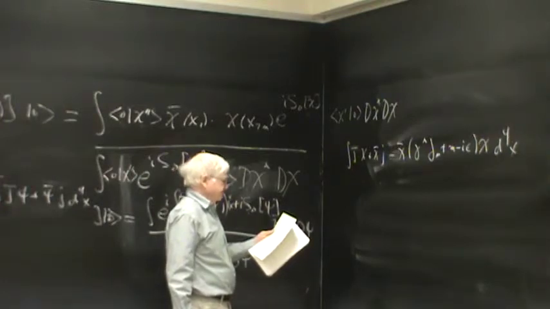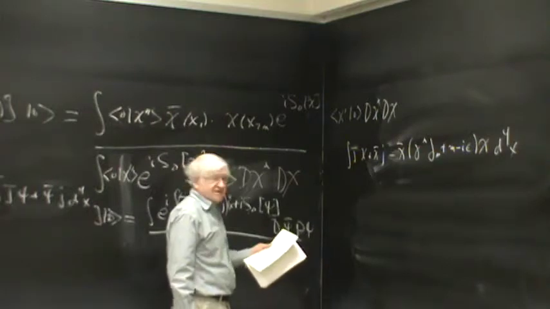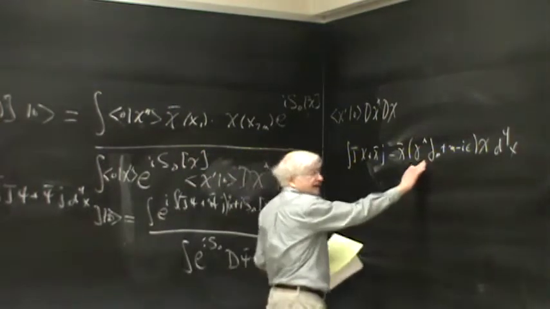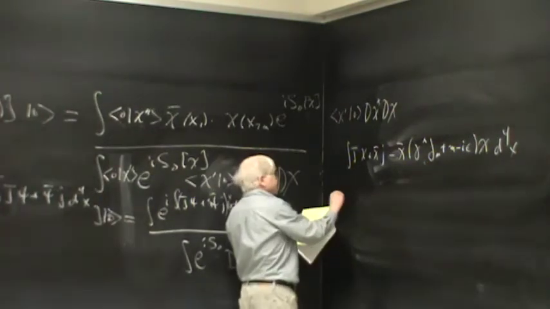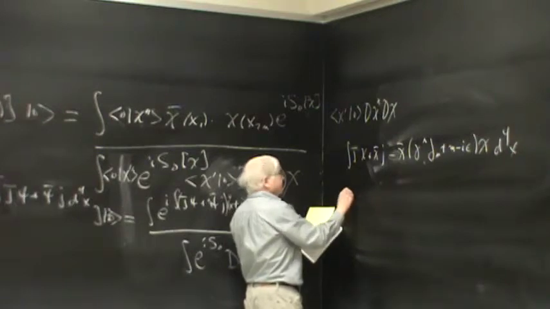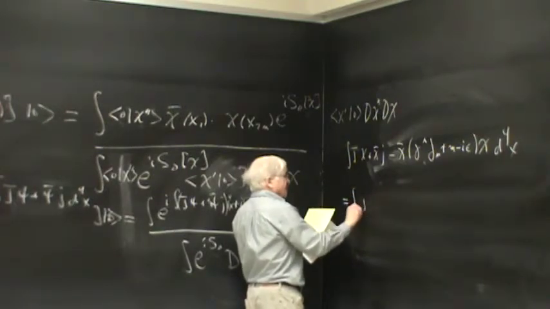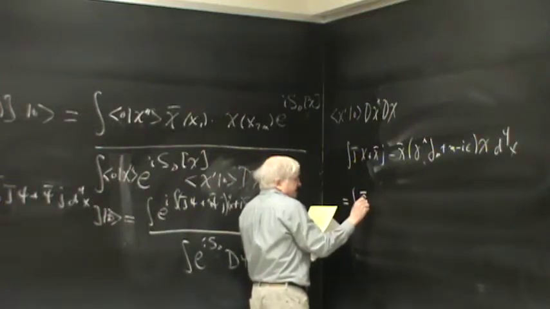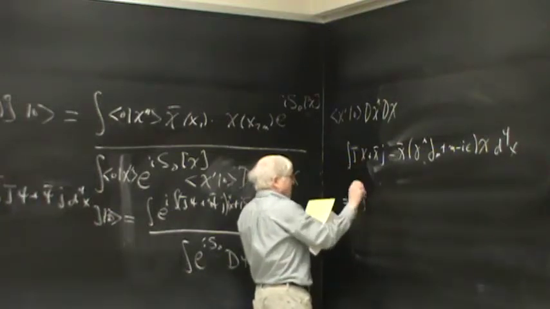And so what we're going to do now is write everything as a Fourier transform in order to diagonalize this. And so this will be j tilde bar, or j tilde complex. Well, actually, this is bar.